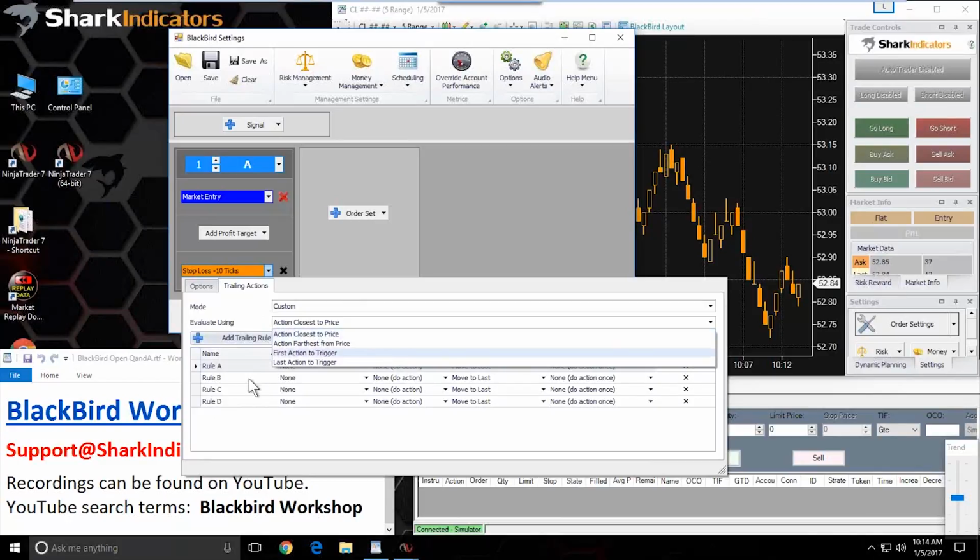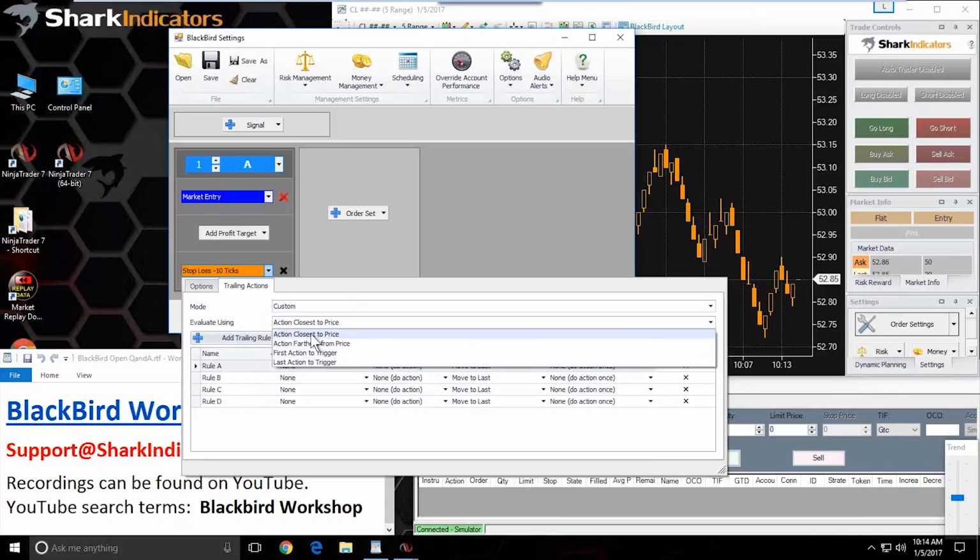In other words, which will tighten the stop loss the most? Typically, it's customary that you want your stop loss to get tighter and tighter with the more profit that's been captured, to keep as much profit as possible.